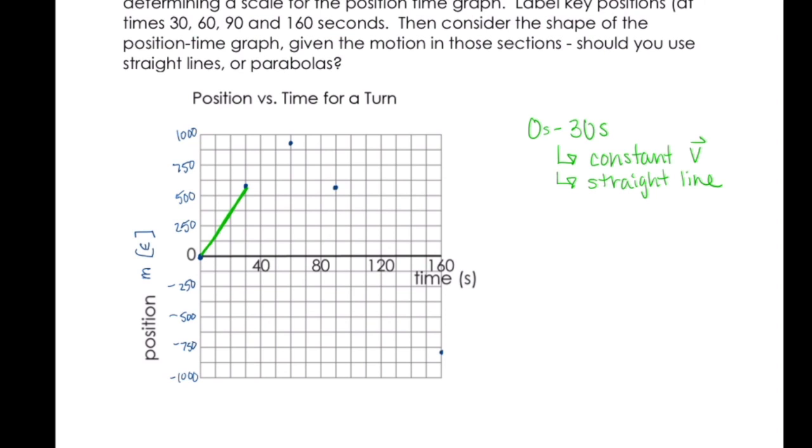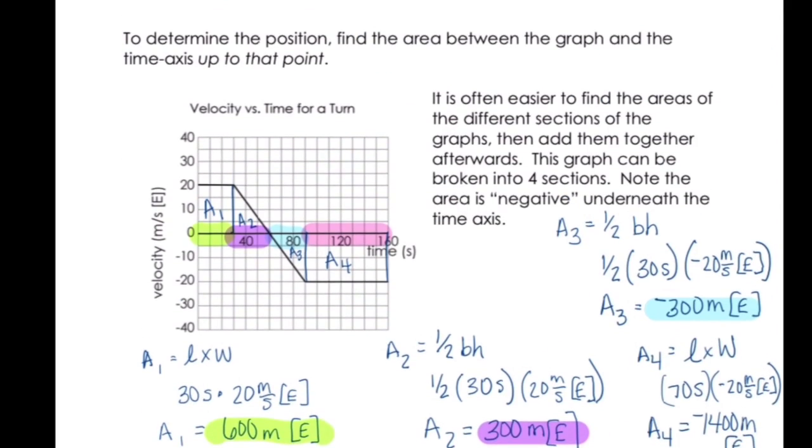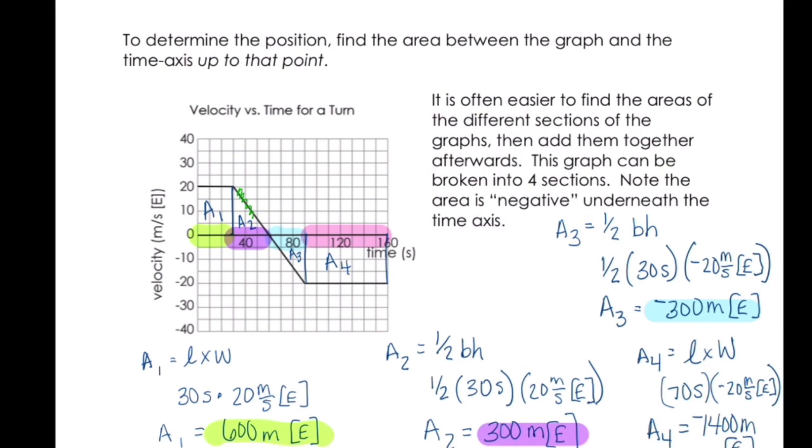All right, continuing on from 30 to 60 seconds, if we look, we're slowing down. Oh, we're slowing down here, okay? So we're going from 20 meters per second to 0 meters per second.